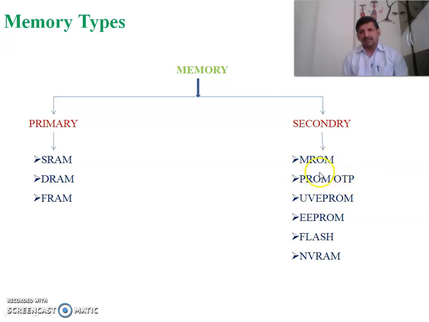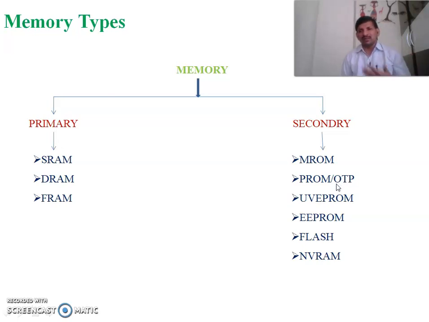Like that, this PROM will store the information. The advantage is that the end user will program the information based on the requirement, whatever data the end user wants, like our CDs. In our CDs, we can write our desired data, instead of storing it during manufacturing itself.